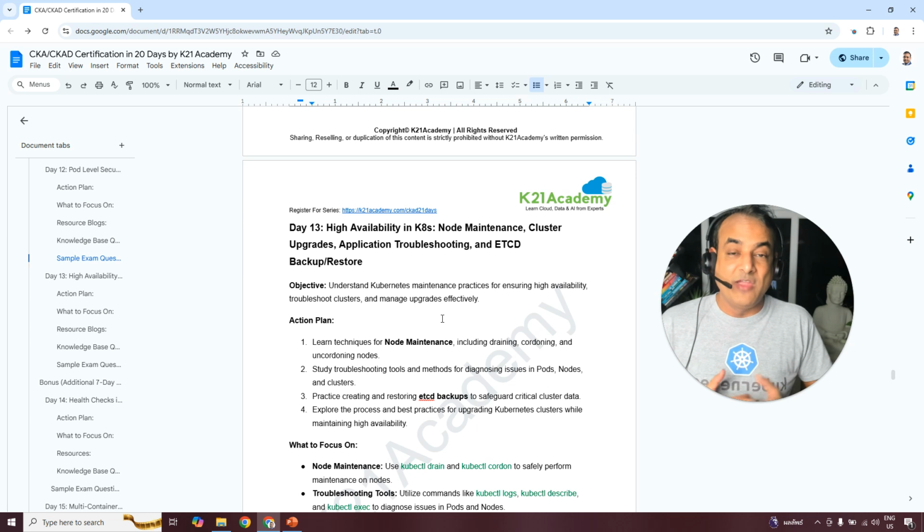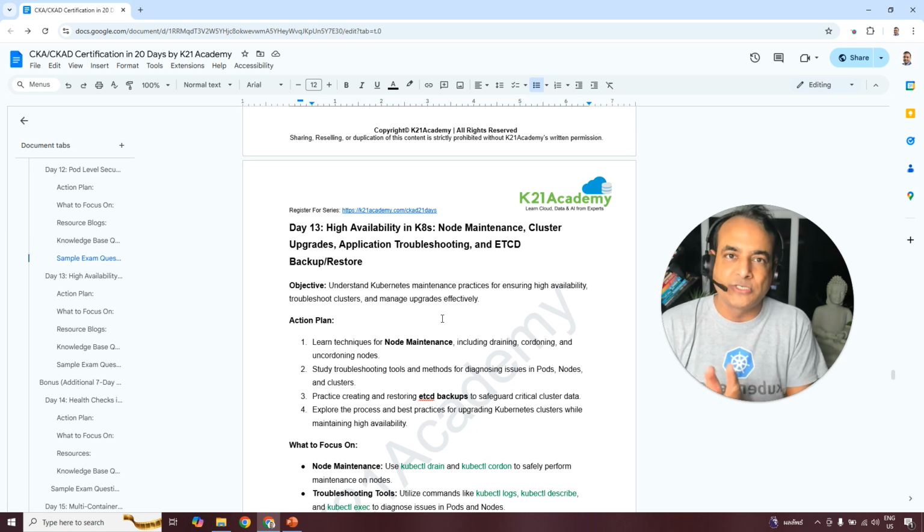Then day 13. This is one of the areas where, in my view, a lot of people fail in the exam. So pay special attention to this. This is where we're going to look at high availability at the control plane level itself, also at the application level, and also node maintenance. If there are any upgrades required, or operating system level changes, how do you maintain that application?